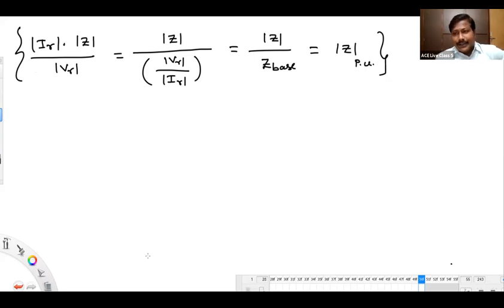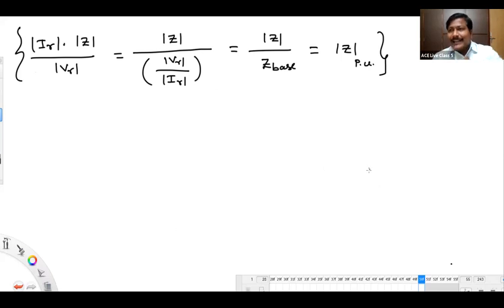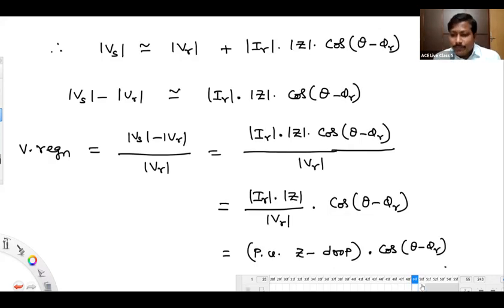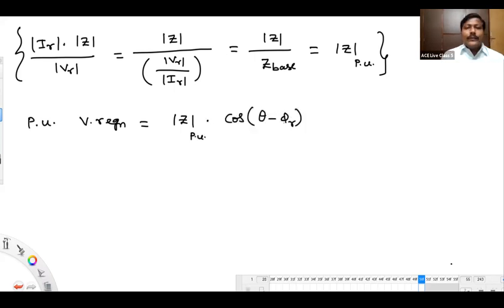So I can write the voltage regulation. The per unit impedance drop we have now, you can replace with Z per unit into cos of theta minus phi r. So per unit voltage regulation is equal to Z per unit into cos of theta minus phi r.